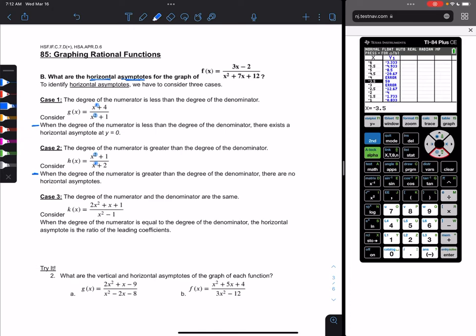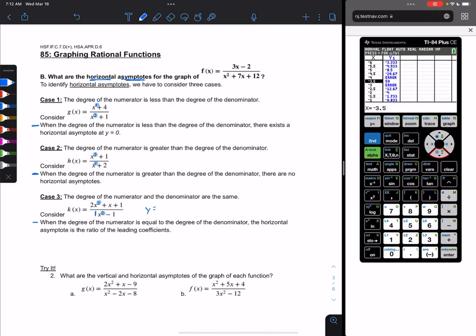And then finally, in case 3, so we had less than, we have greater than. In case 3, that's when the exponents are equal to one another. If the degree of the numerator and the degree of the denominator are the same, the horizontal asymptote is the ratio of the leading coefficients. So the terms that those exponents come from, in this case, we have y, actually let me write that in here, sorry about that.